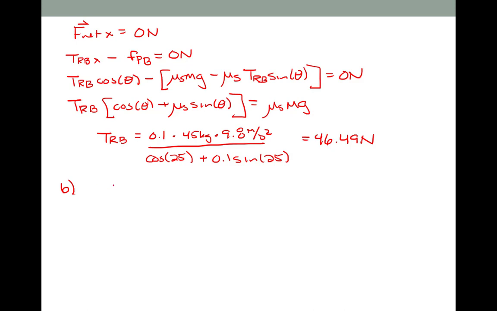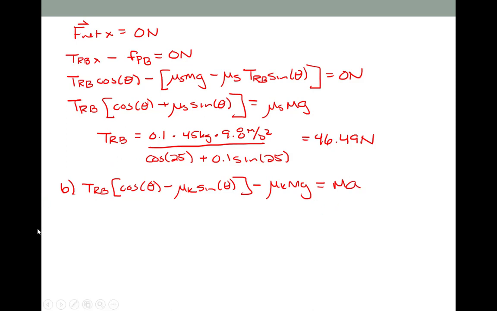So that allows me to write that TRB times cosine of theta minus mu k sine theta minus mu k mg will equal ma.